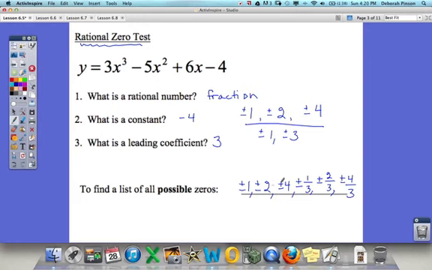Now there's 1, 2, 3, 4, 5, 6, and really 12 because each of them has a plus and a minus. So 12 possible answers here that could be zeros.